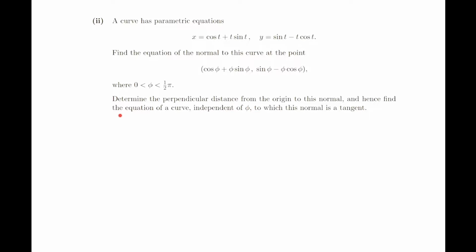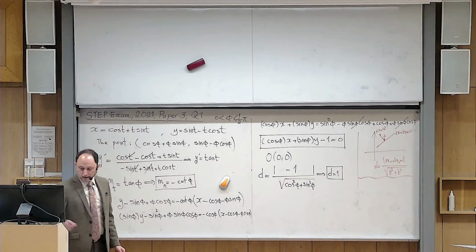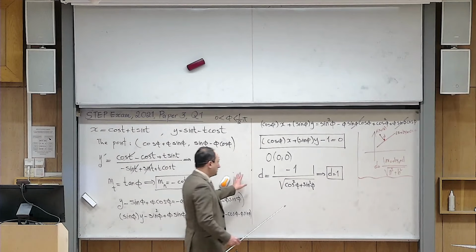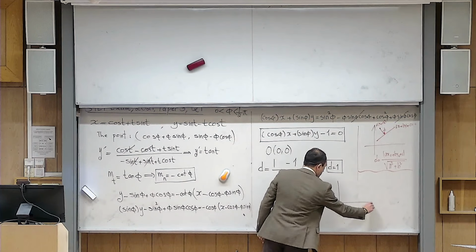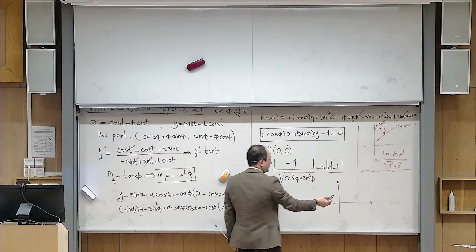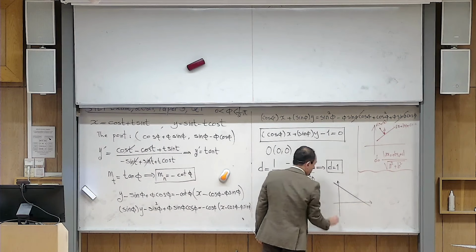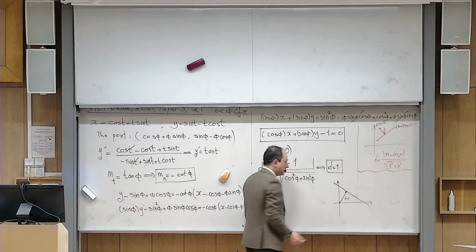And then we want to find the equation of a curve to which this normal line is tangent. Okay, so now let me just give you an idea what is going on. For example, let us imagine that this is the coordinate system and this is your line. For example, assume that this is your line, and the distance from this origin to this line, perpendicular line, d is equal to 1, independent of your phi.